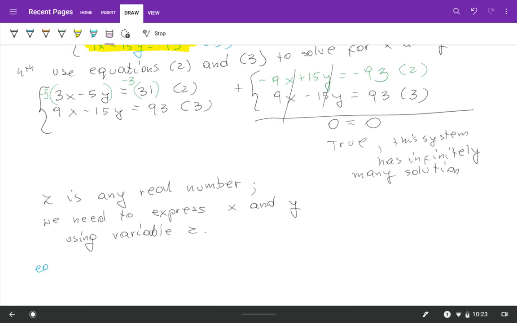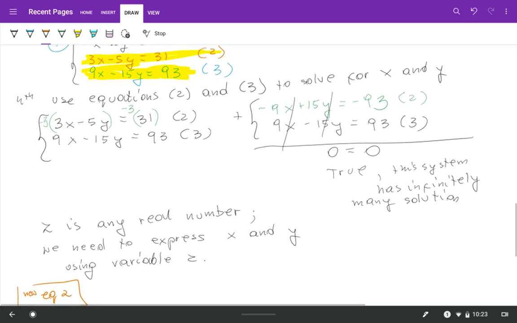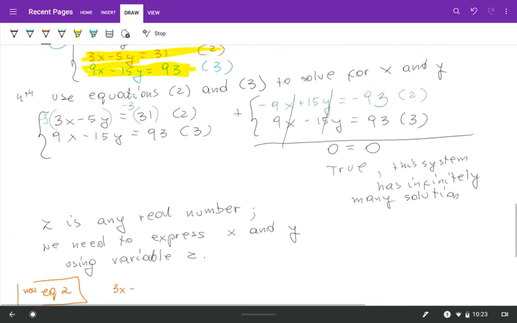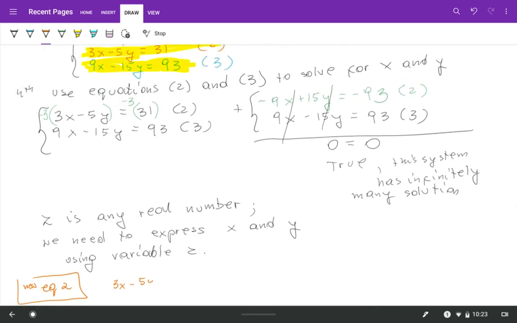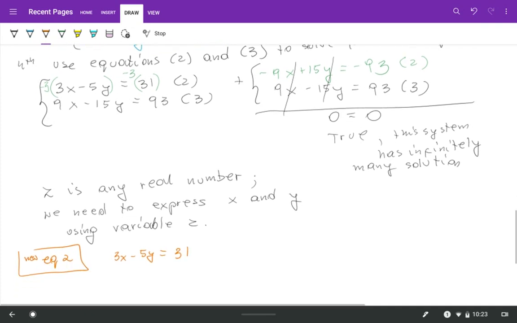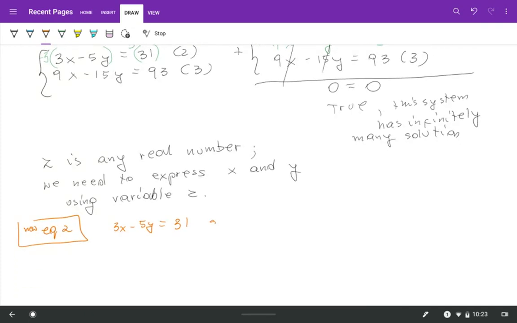Equation 2 was in orange. I'm going back to new equation 2, which is 3x minus 5y equals 31.